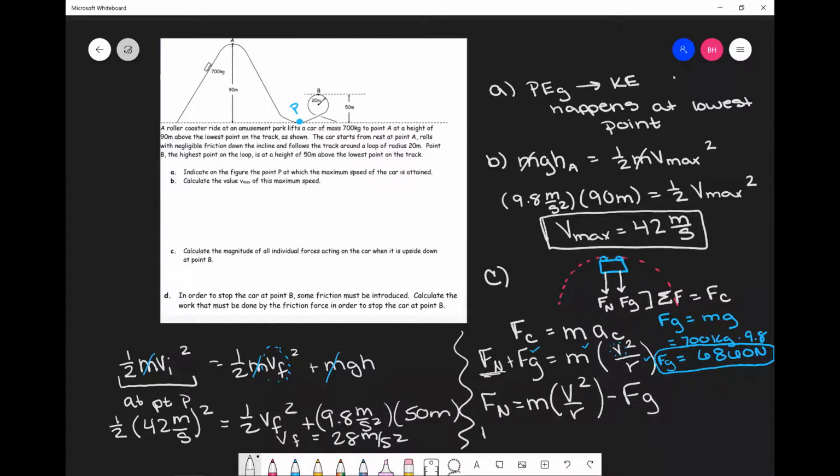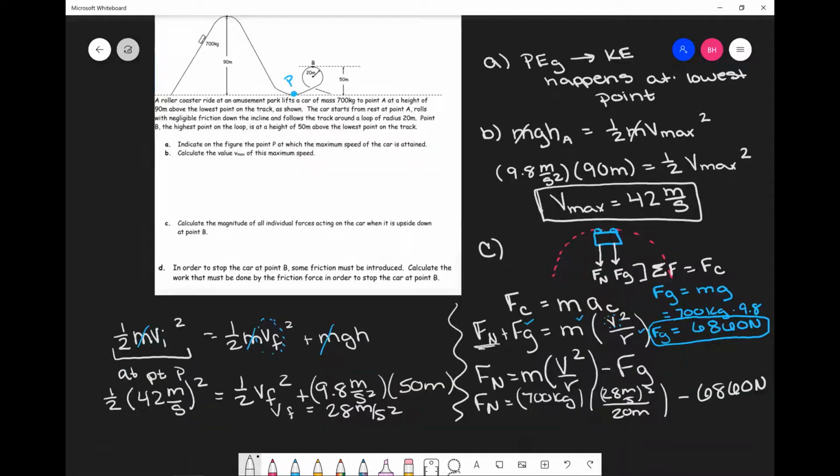So if we plug in what we know, this is going to be equal to the mass of the car times 28 meters per second, all squared, divided by our radius, which is 20 meters, minus our 6,860 newtons.